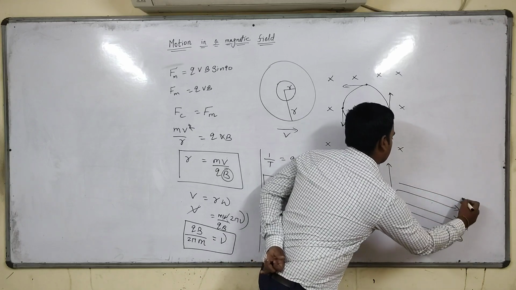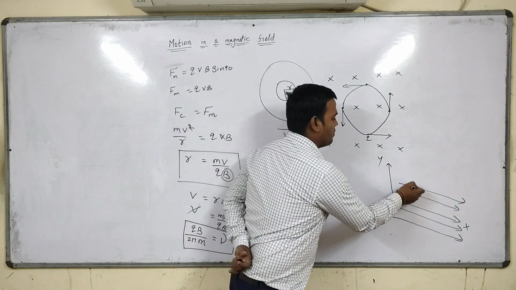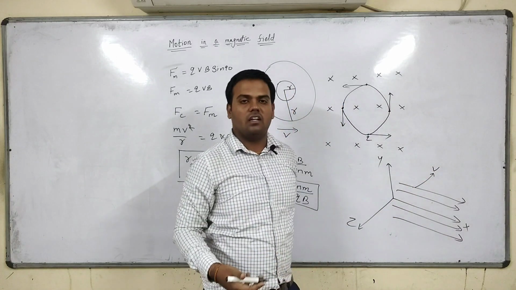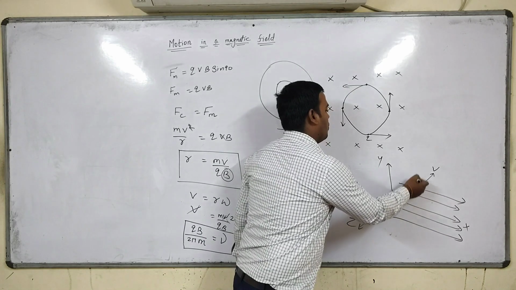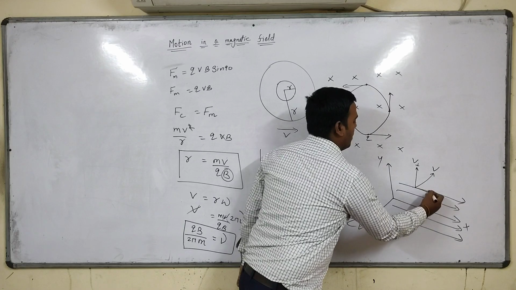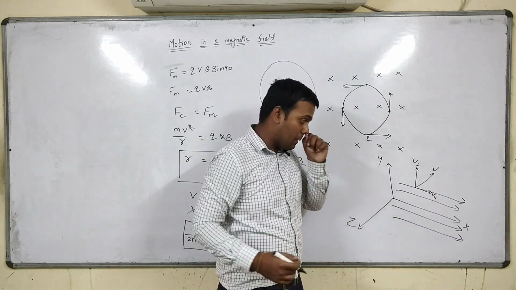If the charged particle is moving with some velocity v, which is making angle theta, there will be two components: one is a perpendicular component and one is a parallel component, which is parallel to the applied magnetic field.